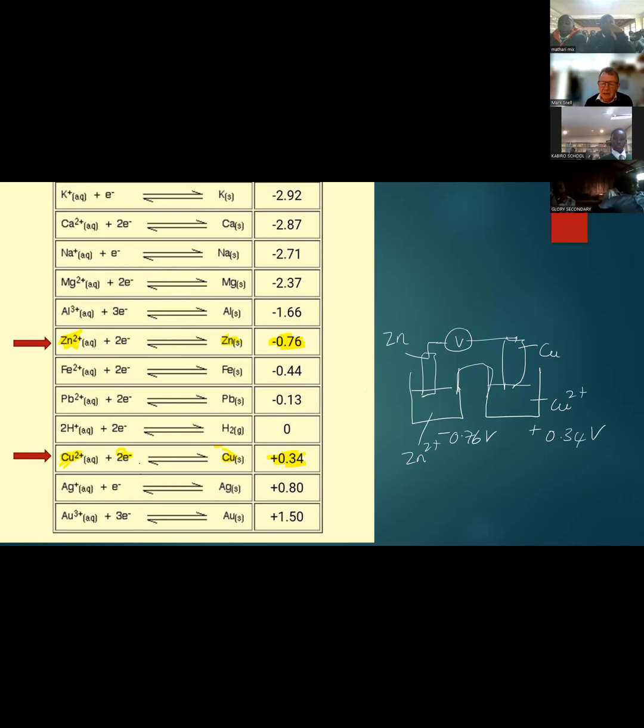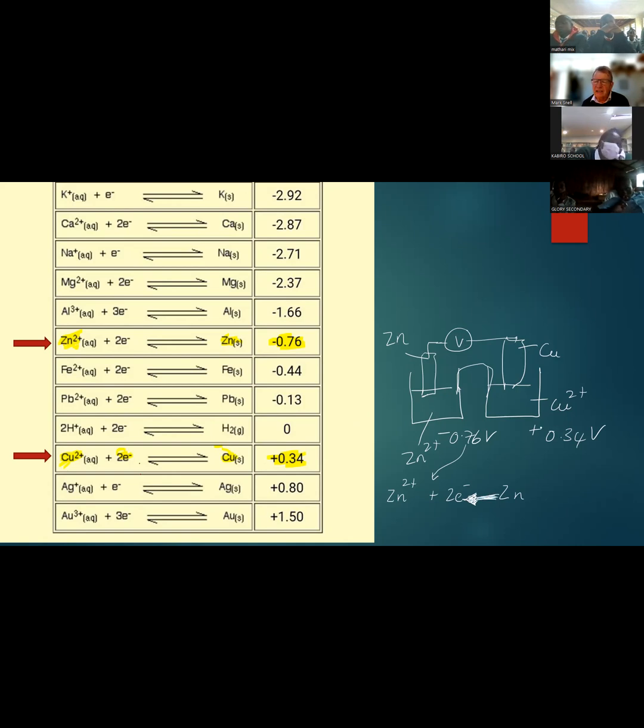Now this one here means that Zn2+ ions plus 2 electrons and zinc goes in the opposite direction. That is exactly what we found before.